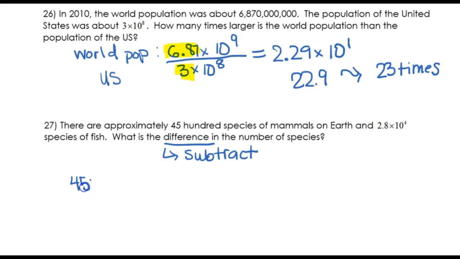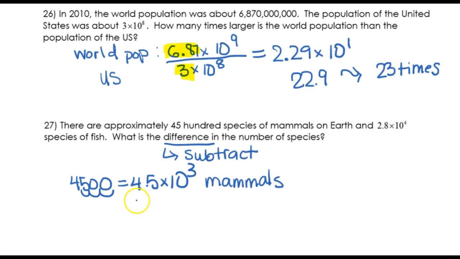So 4,500 would be 4.5 times 10 to the 1, 2, 3rd power. So this is my mammals. And my fish here, 2.8 times 10 to the 4th.